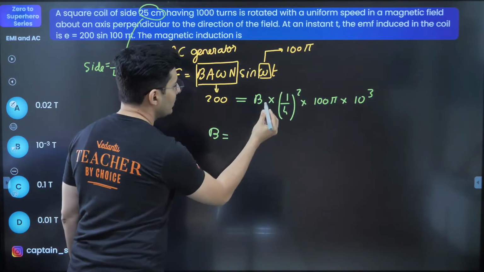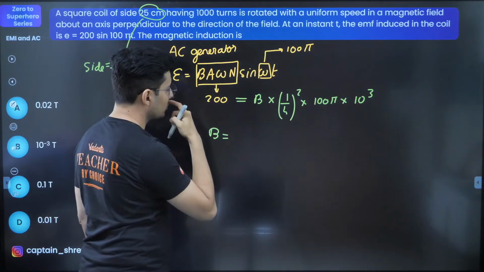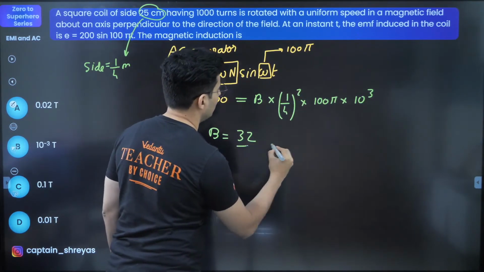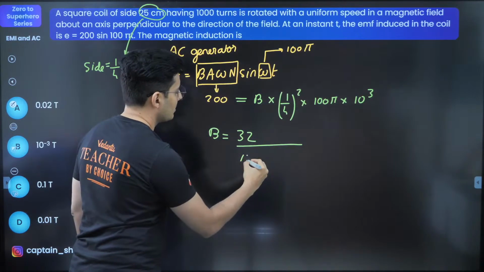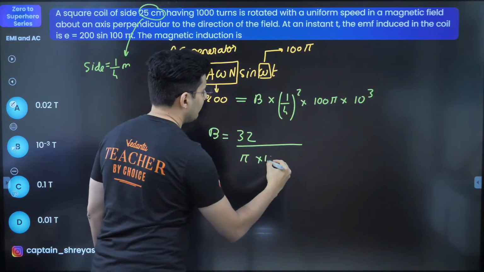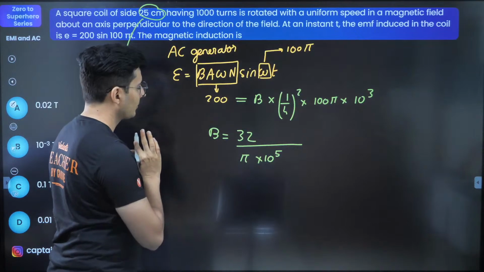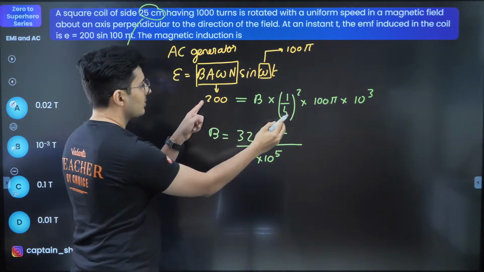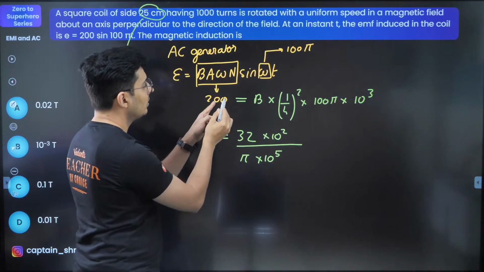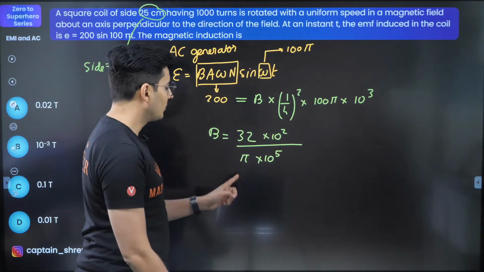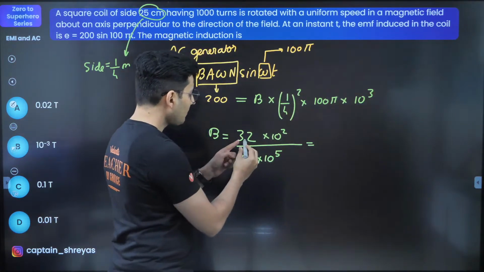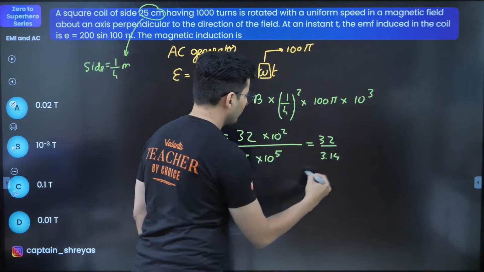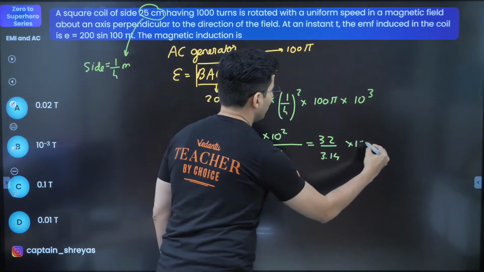So B will be equal to 4 squared is 16, 16 times 2 is 32, the whole thing divided by pi, and 10 to the power 5 is also there, correct? So 32 and this 10 to the power 2, because 16 into 2 is 32 and these two zeros give 10 to the power 2. Now I can write this as 32 divided by pi is 3.14, and this is 10 to the power minus 3.